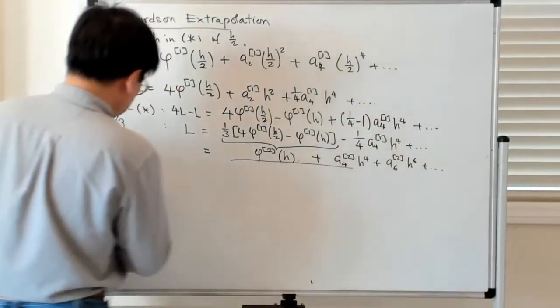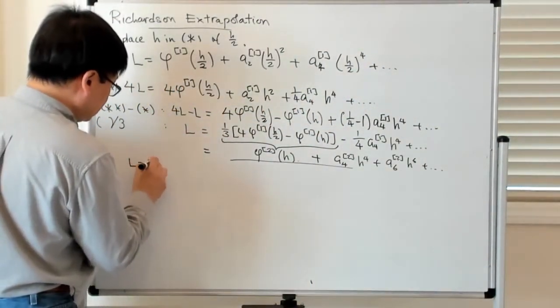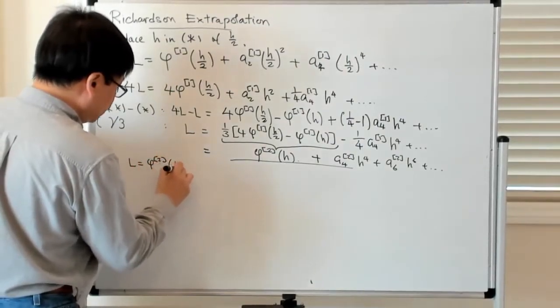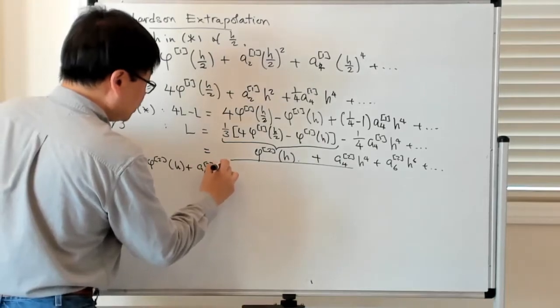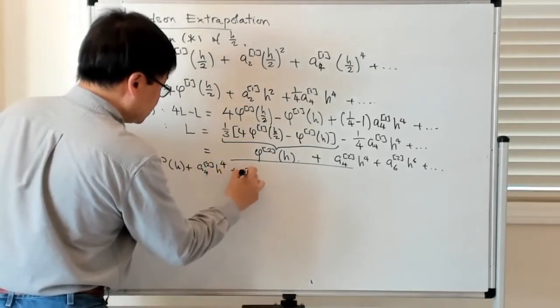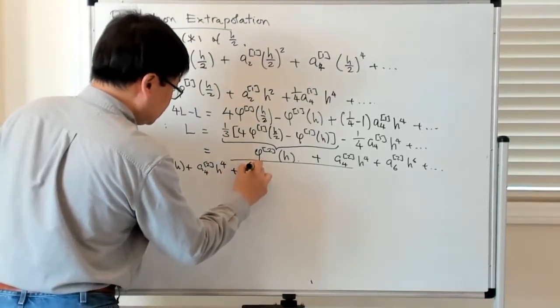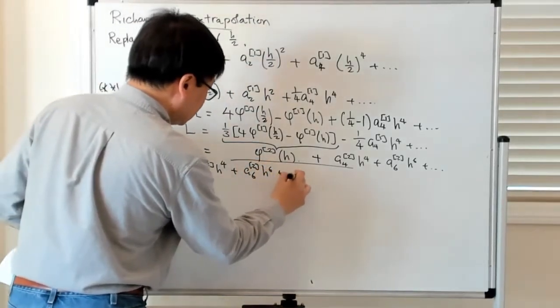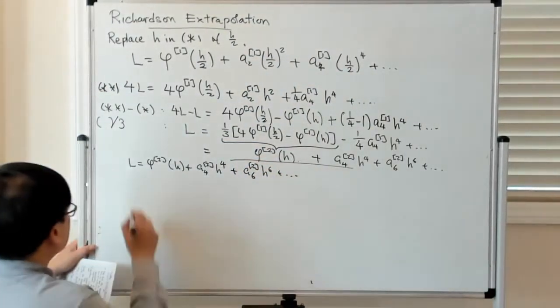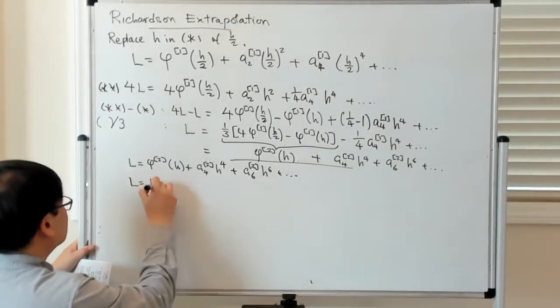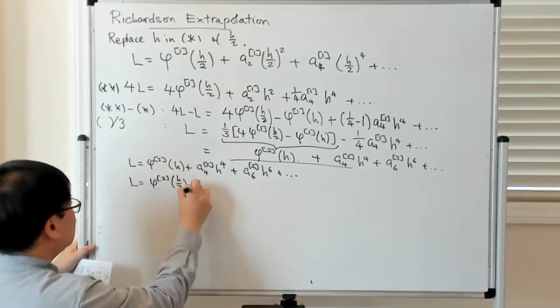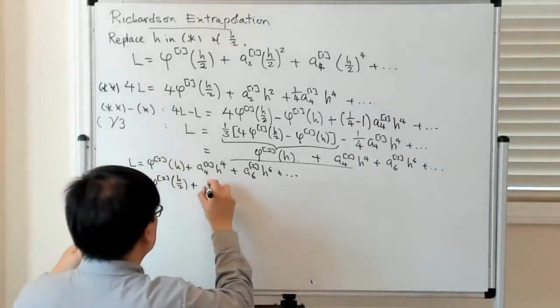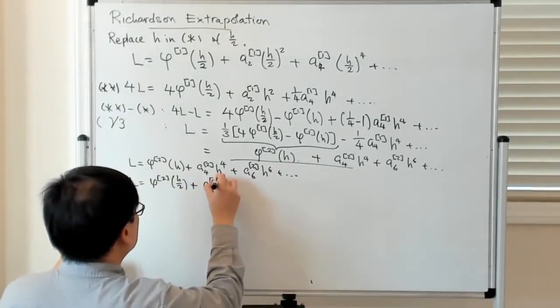This is saying that L is equal to phi 2 of h plus a42 h to the 4 plus a62 h to the 6 plus so on. I'm going to do this again for a different h, h over 2 for example. This becomes a42 h over 2 to the 4.